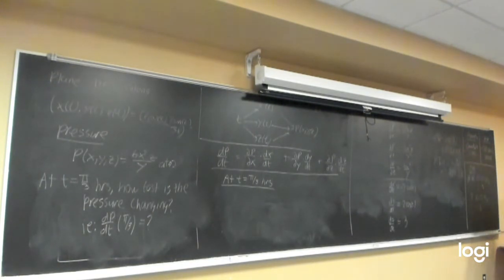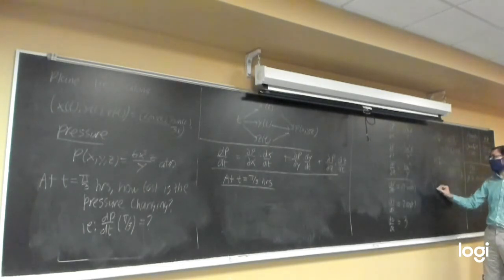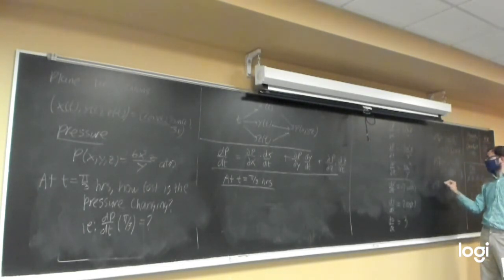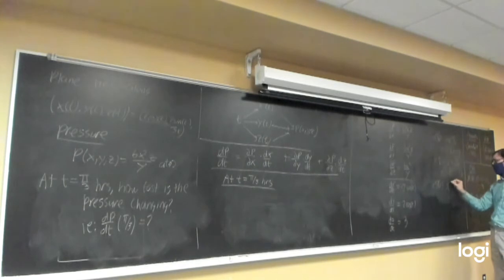I attached the unit circle, by the way, to the back of the sheet if you want to check my work. And z of π/3 is going to be 3 times π/3, which is just π.